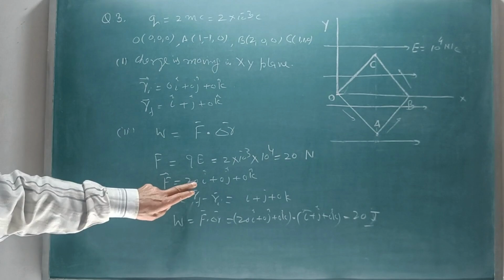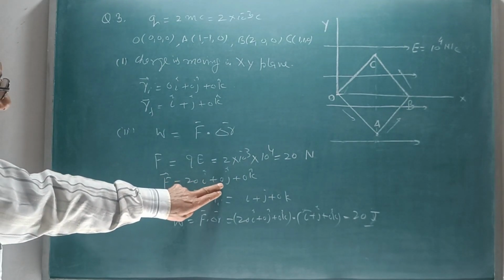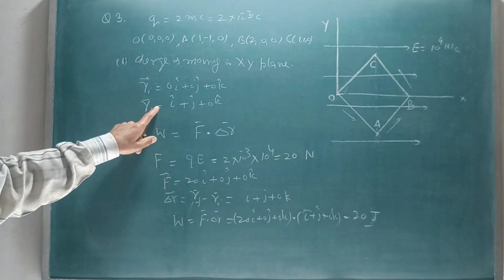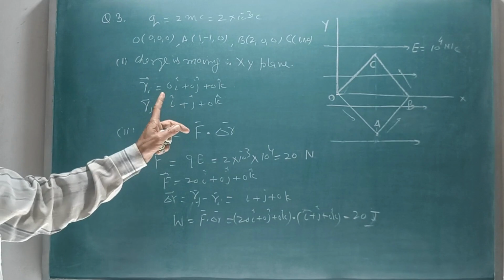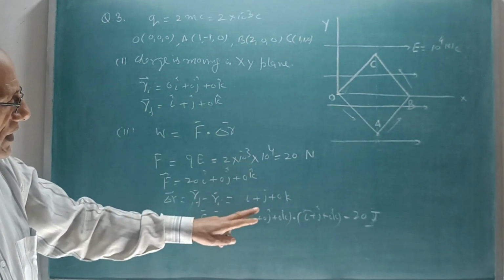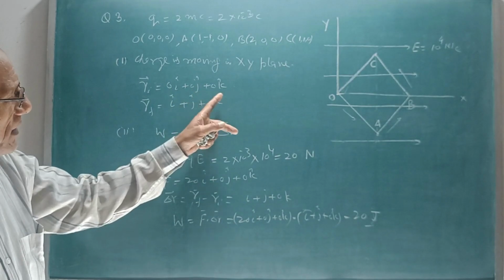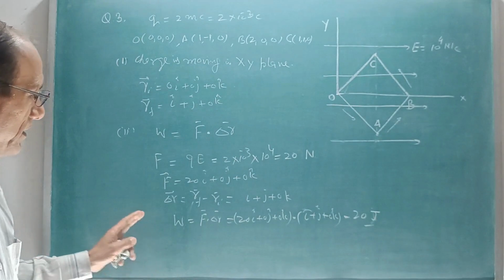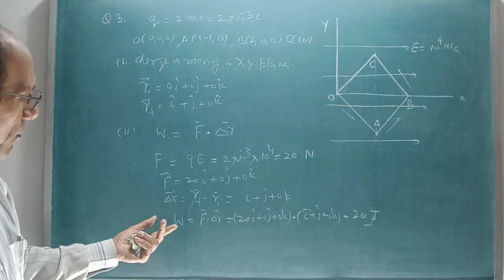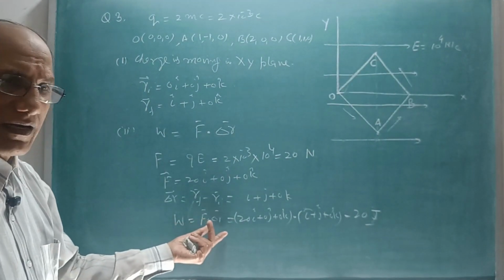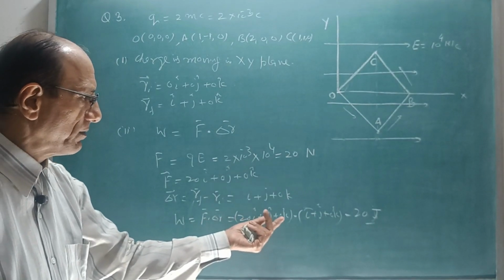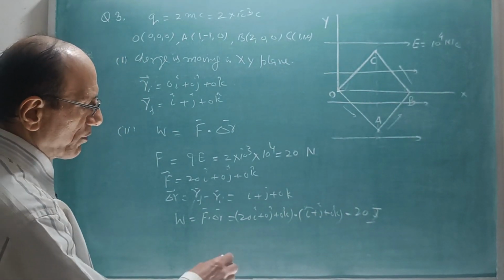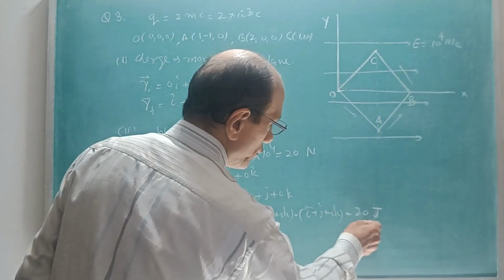Now F is 20i plus 0j plus 0k, and delta R is R final minus R initial, that is i plus j plus 0k, because the position of C is itself delta R. Now W equals F dot delta R, that is 20i plus 0j plus 0k dot i plus j plus 0k, and after the dot product we get 20 joules.